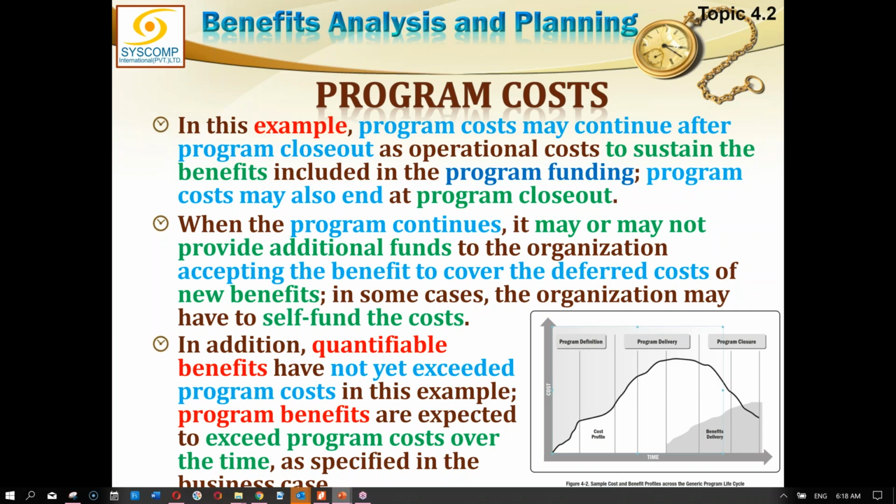You're very right. Classically speaking, they should not be termed as program benefits after they have been handed over, because the expenses which will be incurred on them afterwards would not be program cost. That would then be termed as operational cost. So if that is an operational cost, then these benefits are no more program benefits.